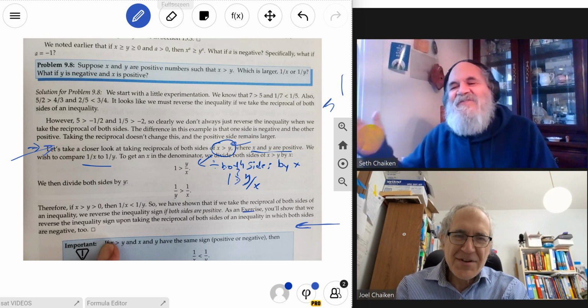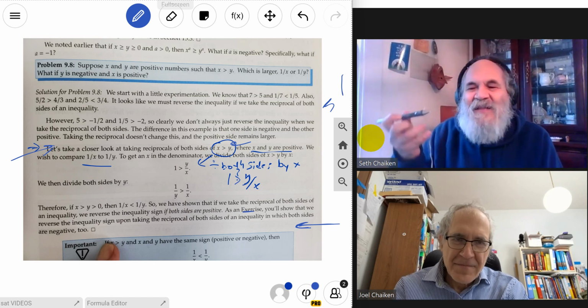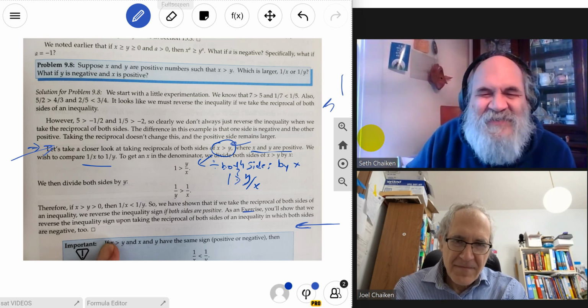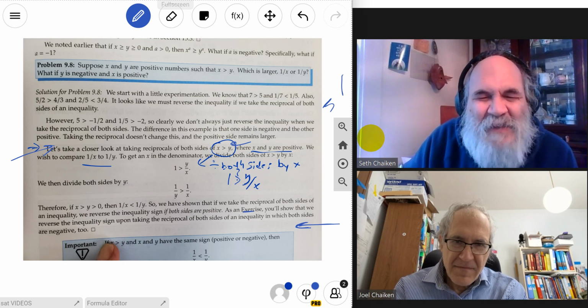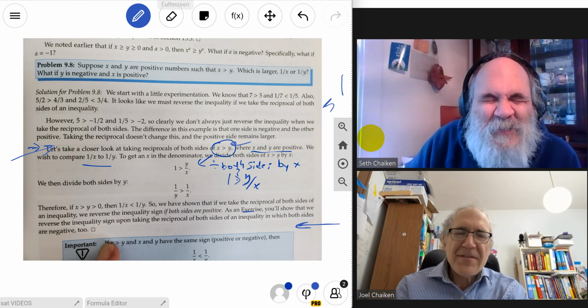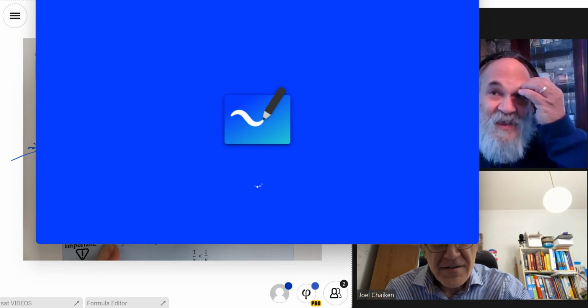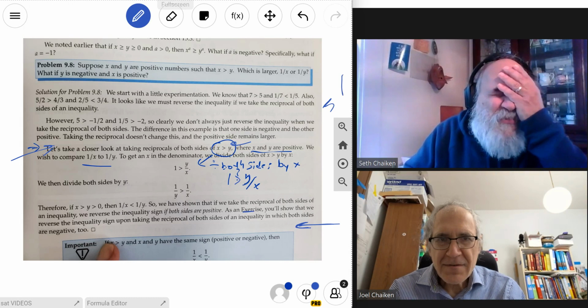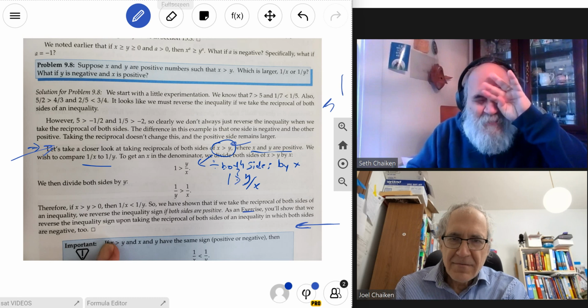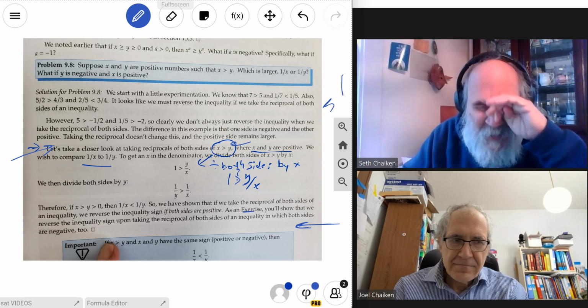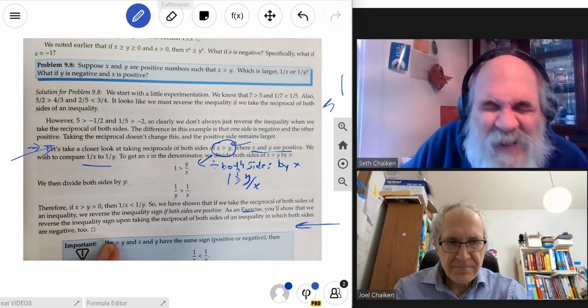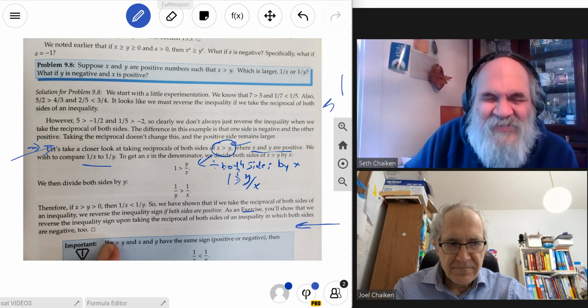No, sorry, it's not an assumption. It's a principle or a result that was already proven in the book. Right. Okay, so we're allowed to use the principle. You divide both sides of an inequality by a positive number, then the inequality remains in the same direction.